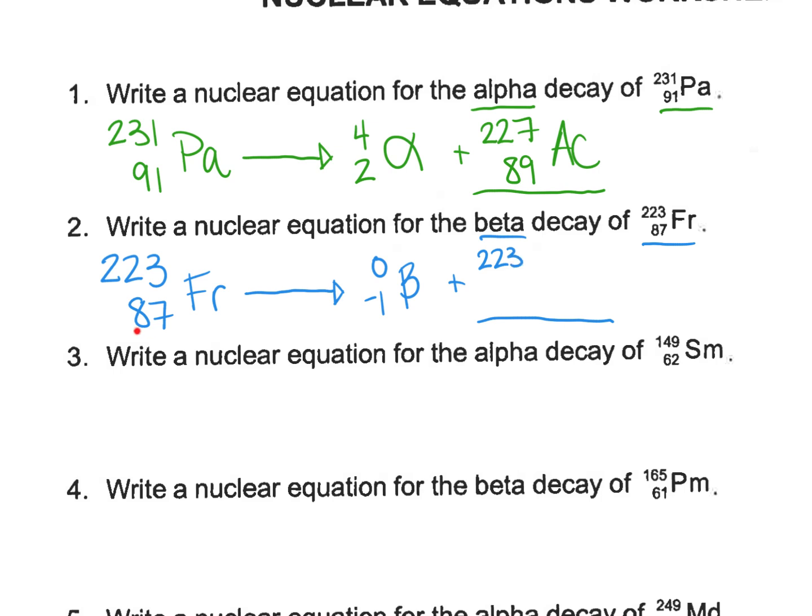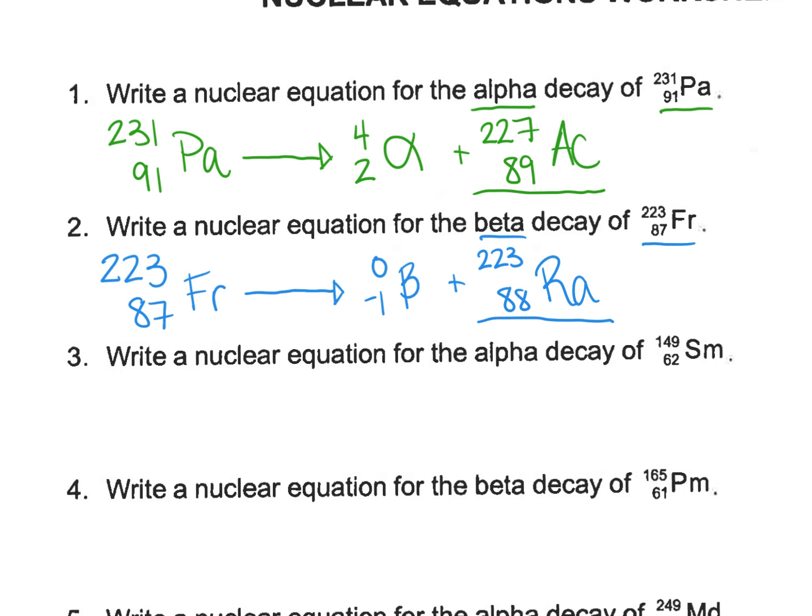And then this time it's 87 minus negative 1. Remember, if you're minus negative 1, you're adding it. So 88. And then if you use your periodic table, what element is 88? Okay, radium or Ra.